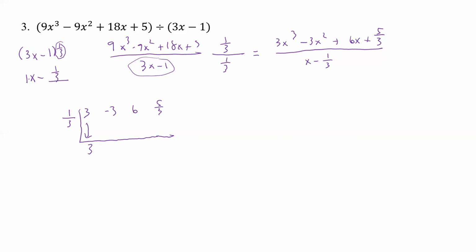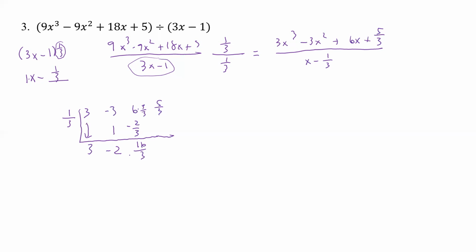That's 3. 1/3 times 3 is 1. Minus 3 plus 1 is minus 2. Well, now we're starting to have fractions. So minus 2 times that's a minus 2/3. Now we're going to have to multiply that by 3/3 to get the common denominator. So that's 18 minus 2 is 16/3.